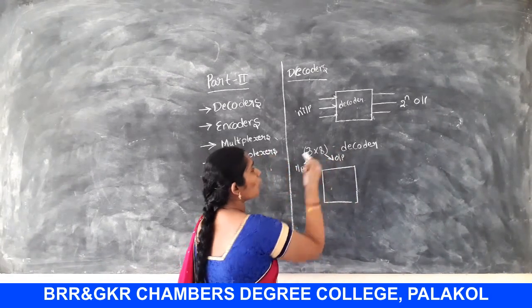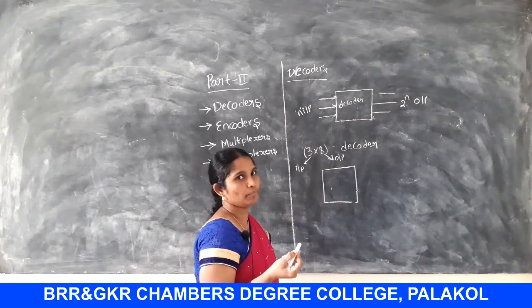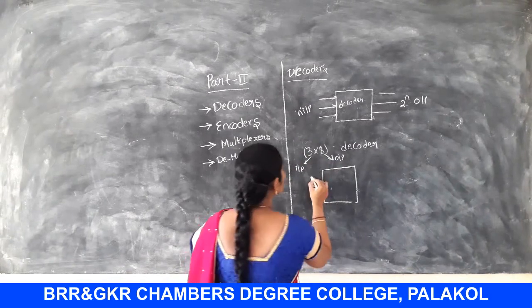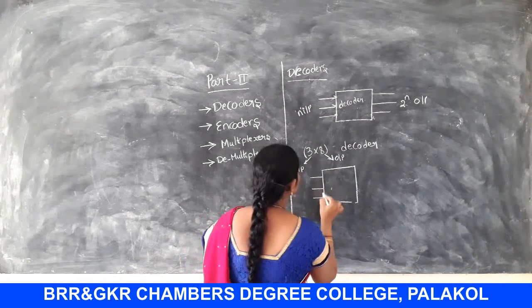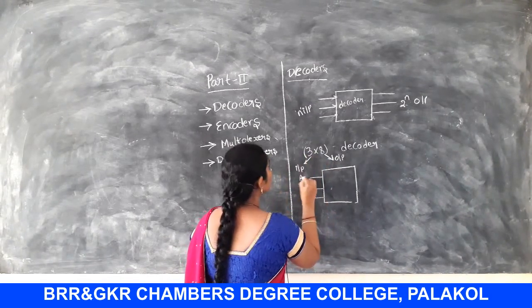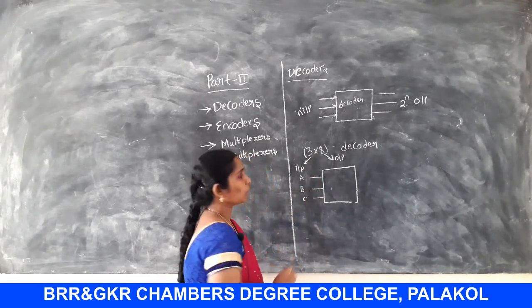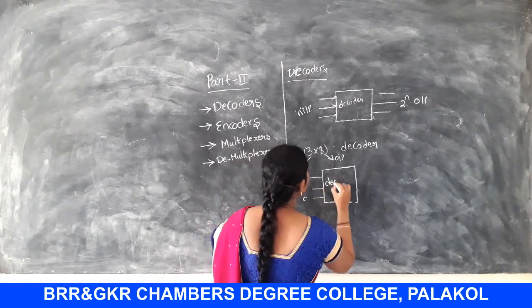We also call it 3 cross 8, or 3 to 8 decoder. The number of inputs is 3, and those inputs are A, B and C. So this is the decoder.